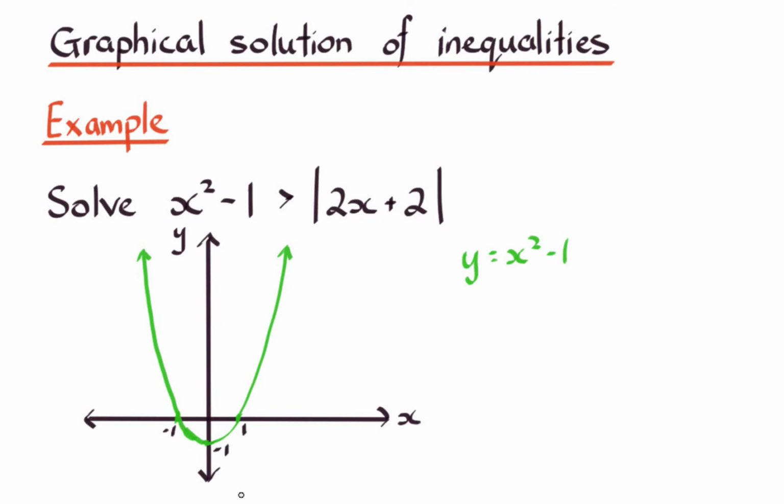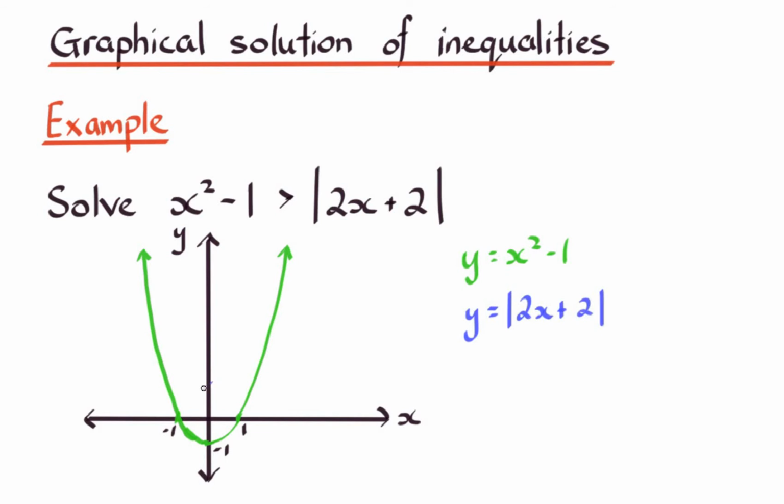Okay, now the absolute value of 2x plus 2, which we'll do in blue. Now remember, absolute value graphs, in this case it's a linear function. So if we think about that linear function first, gradient of 2, y-intercept of 2.